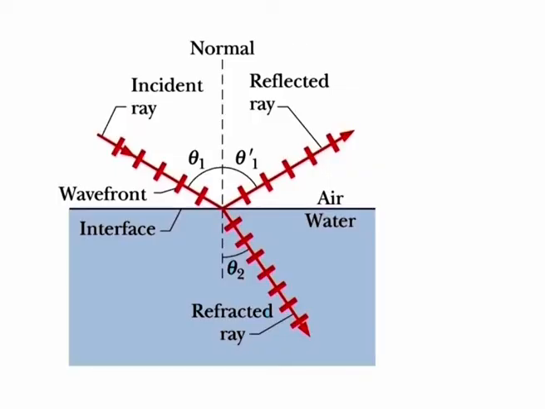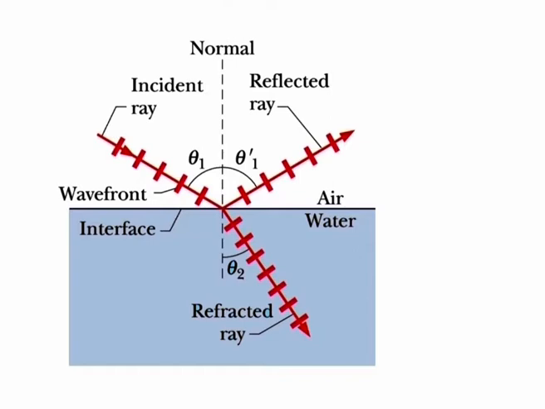In this figure, the beams of light in the photograph are represented with an incident ray, a reflected ray, and a refracted ray. Each ray is oriented with respect to a line called the normal, which is perpendicular to the surface at the point of reflection and refraction.